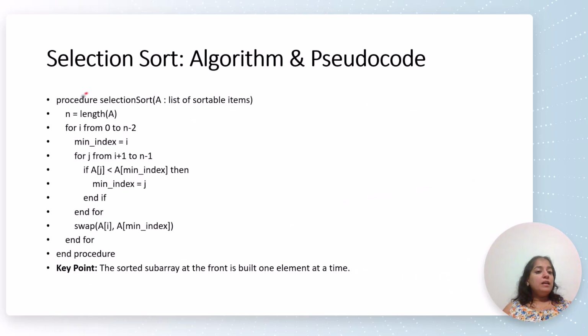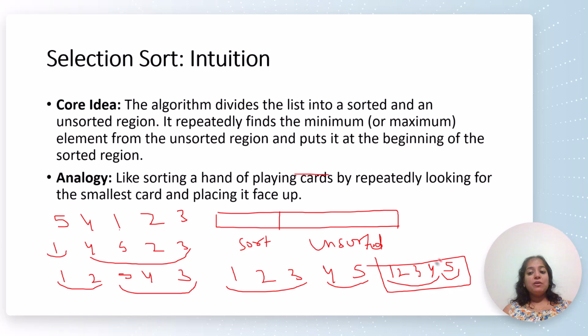Again, in the pseudocode, A is the list or array of elements which we want to sort. n equals the length of A. For i equals 0 to n minus 2, because we are not going to perform any operation when only the last element is left, the loop will go up to n minus 2.